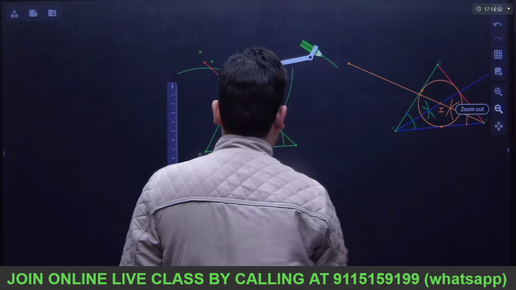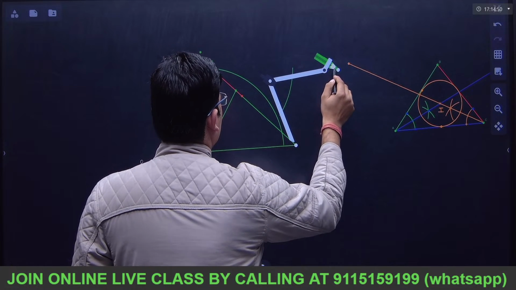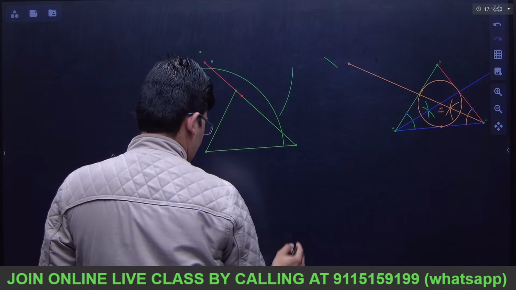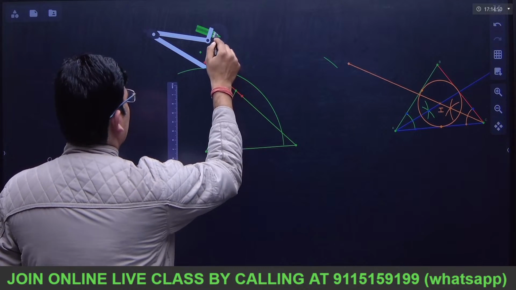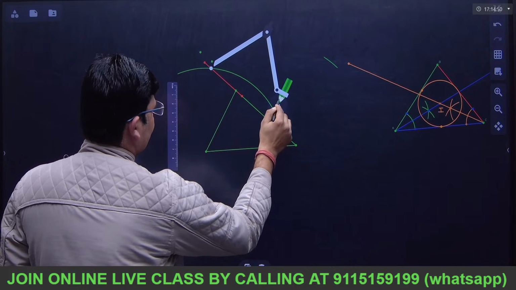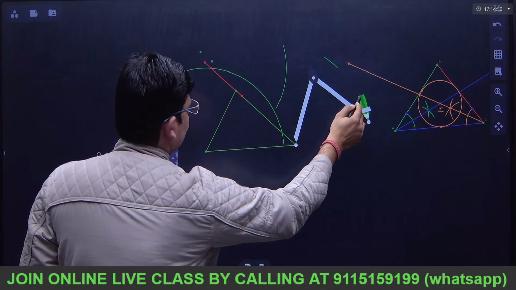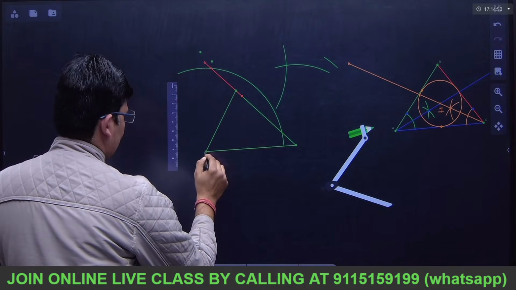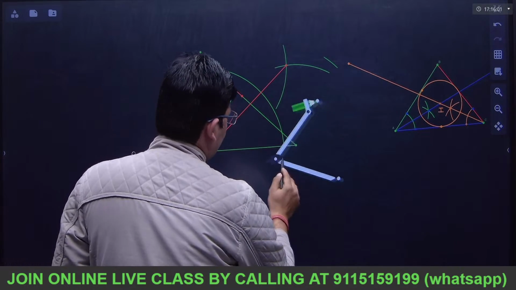Okay. So actually, let me see if the radius is not changed. So I will take a radius more than half of this. I will draw one arc. Then I will draw another arc. Then I am going to join these two points. Okay. The same thing I will do from here.